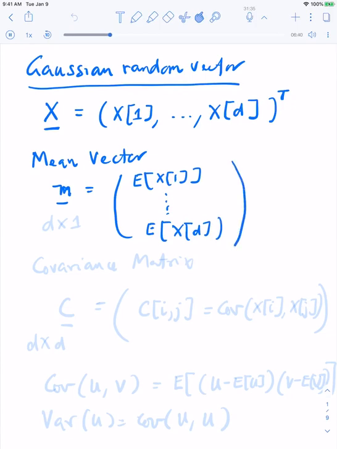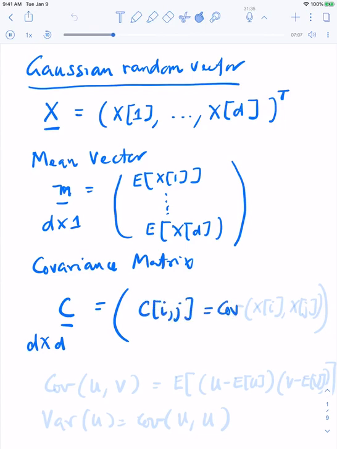That's the mean vector, and the covariance matrix C. The mean vector is of course d cross 1, and the covariance matrix is a d cross d matrix whose ijth entry is the covariance of the ith random variable and the jth random variable.